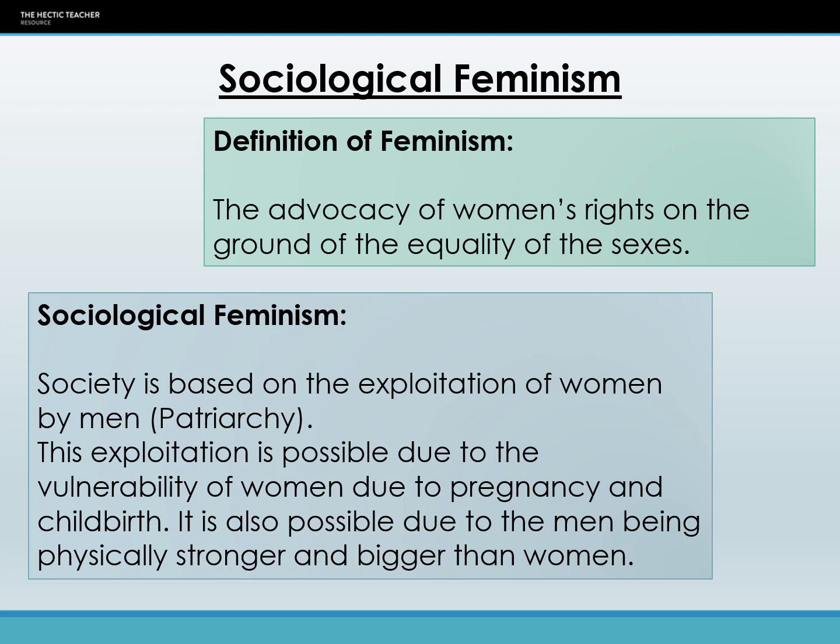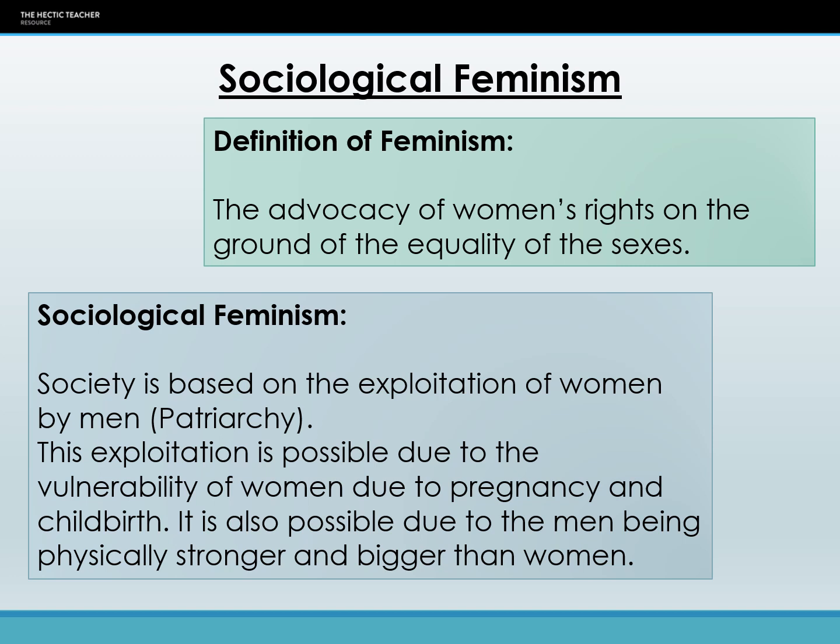They suggest that the exploitation that women experience is due to the vulnerability caused by pregnancy and childbirth. There are certain times in pregnancy, usually just before and just after birth, where women are physically vulnerable. It takes time to recover from childbirth. It's one of the most dangerous things a woman could do to her body.